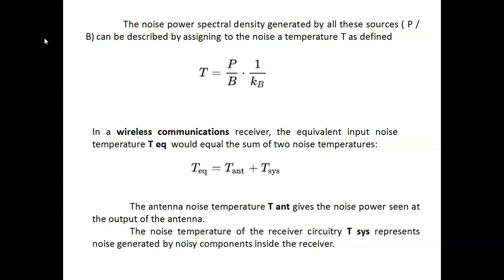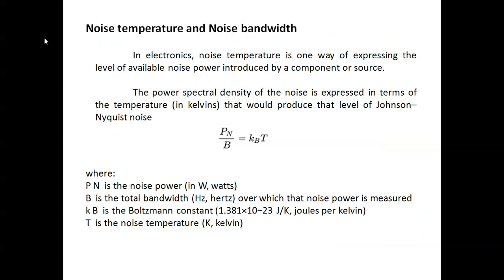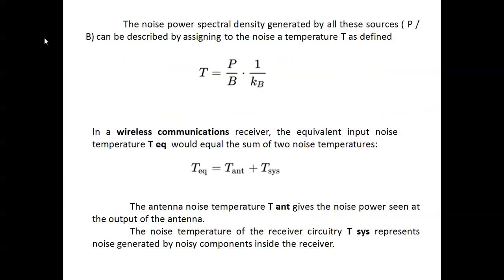What is the Boltzmann constant value? 1.381 times 10 to the power of minus 23 joules per Kelvin. So we found the temperature. Similarly, we can easily find the bandwidth also from the equation. If we rearrange the equation, we will get the bandwidth value.